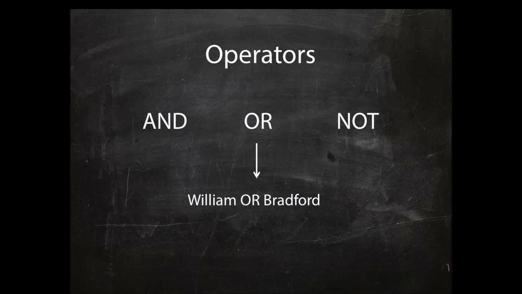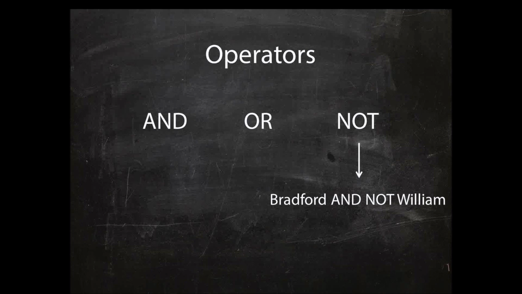Consequently, if we put in William or Bradford, only one of those would need to appear in order for it to be returned in our search. So not is a special case. Not can be used in combination with either of the other two, and that will exclude particular words from your results.